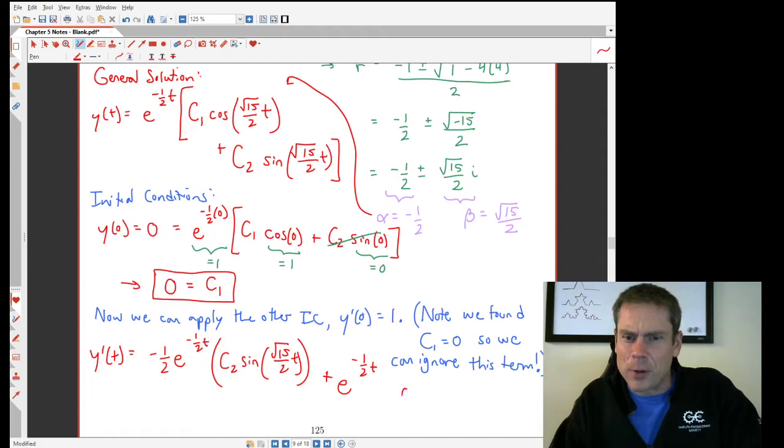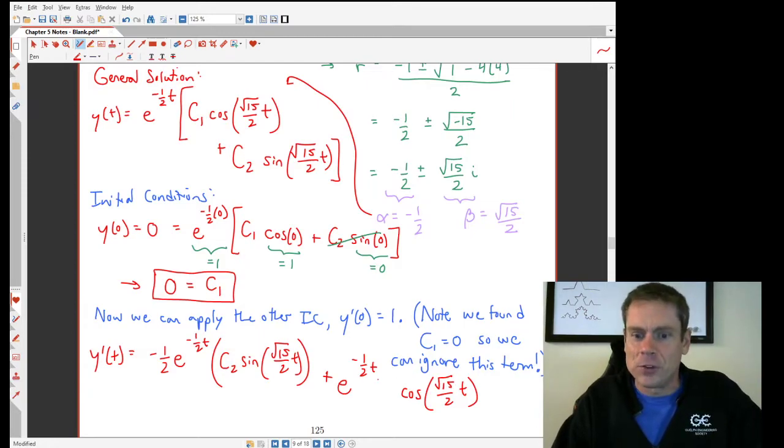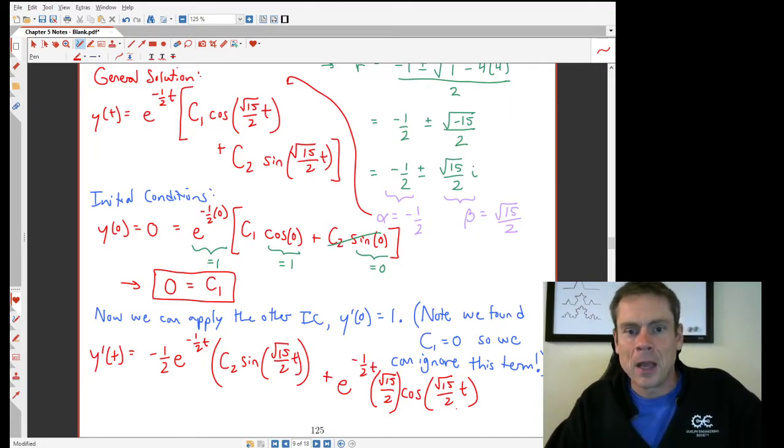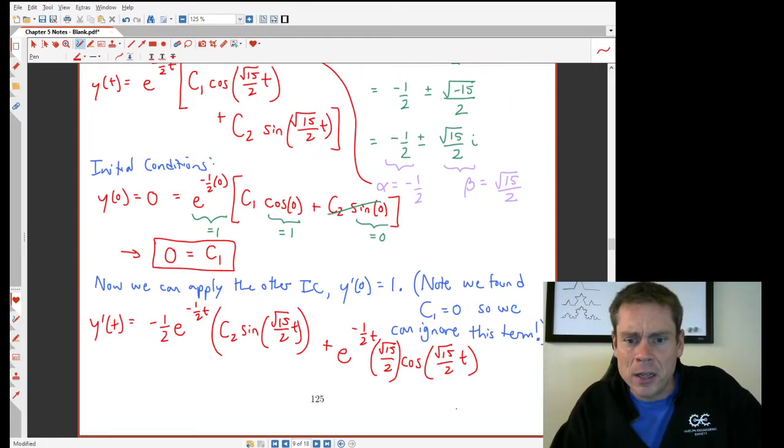I get cos of root 15 over 2 t, and the derivative of root 15 over 2 t gives us an additional root 15 over 2 out front. Oh, and I forgot my c2, didn't I? So I need a c2 in there as well.